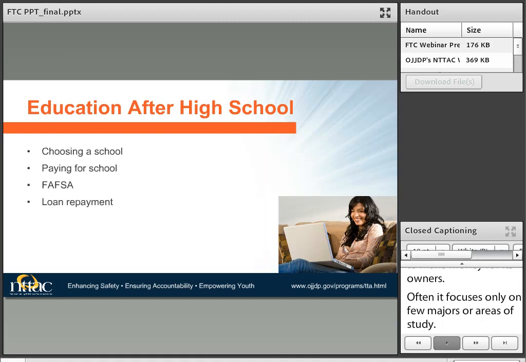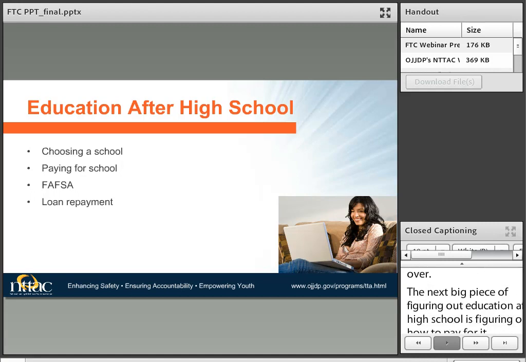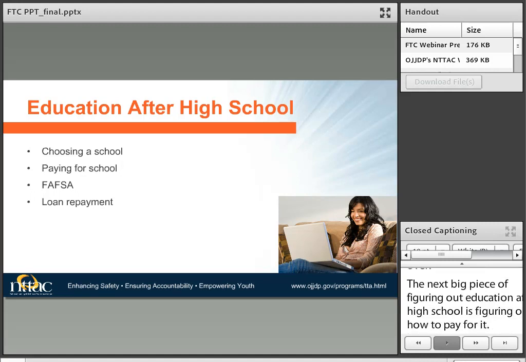And then the next big piece of figuring out education after high school is figuring out how to pay for it. There are, of course, different options to pay for it. There's grants and scholarships and federal work-study jobs.